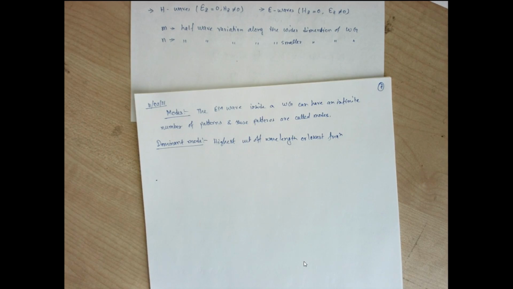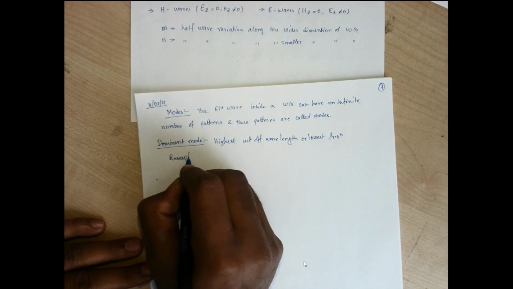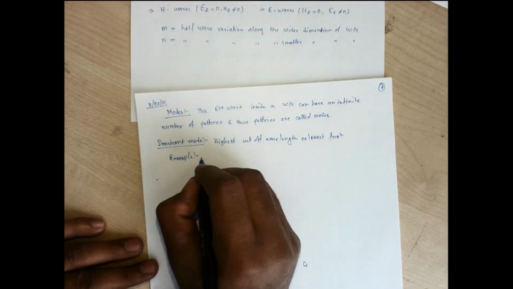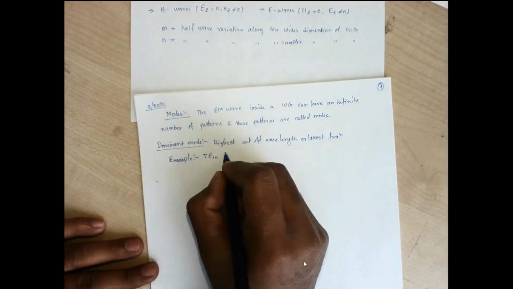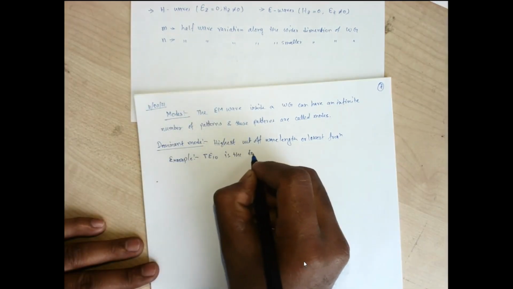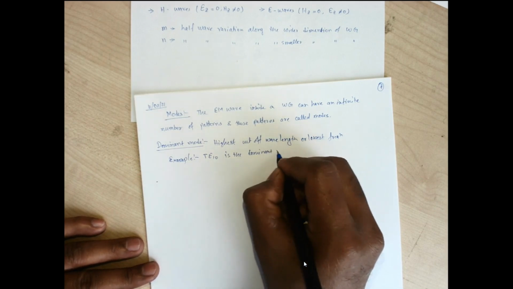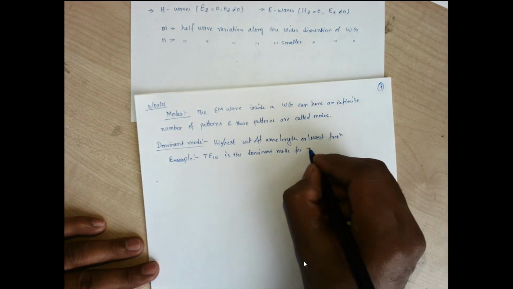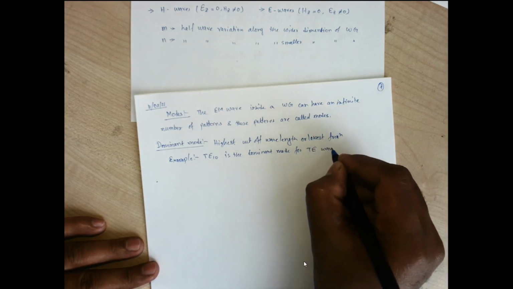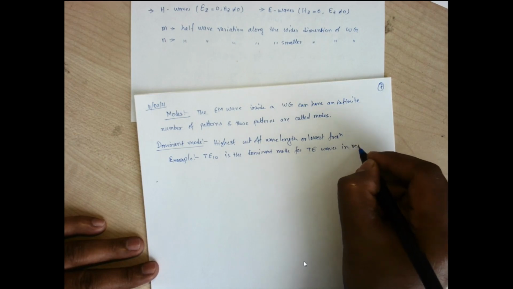Okay, so let us take as an example that TE10 is the dominant mode for TE waves in a rectangular waveguide.